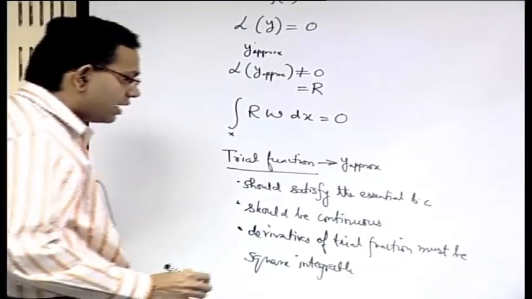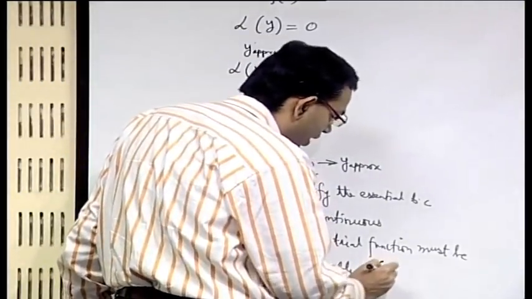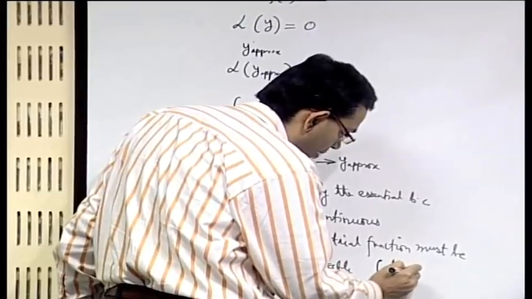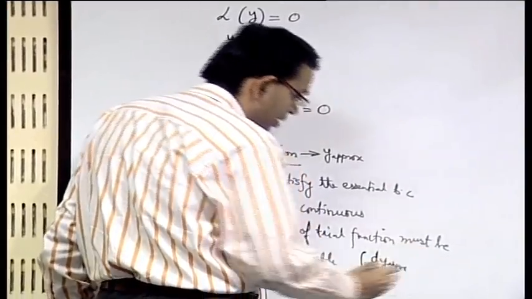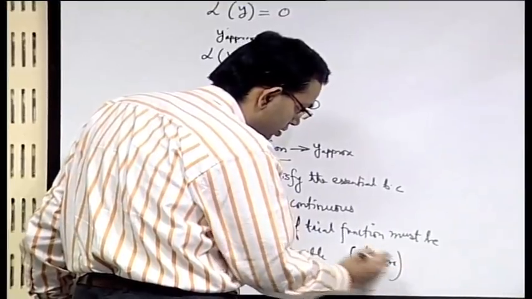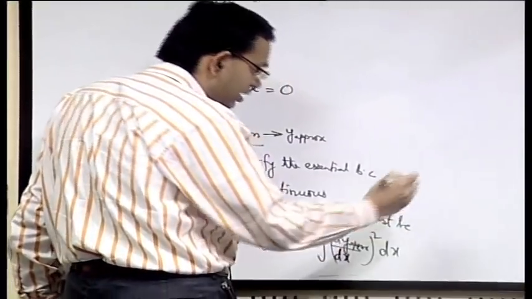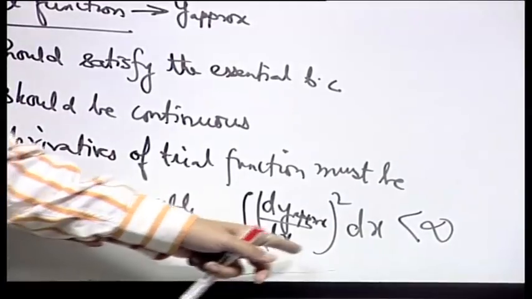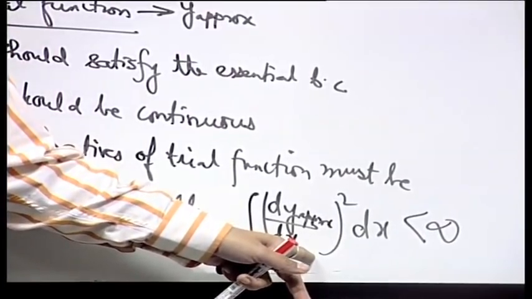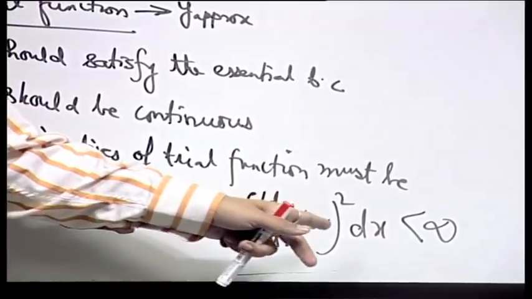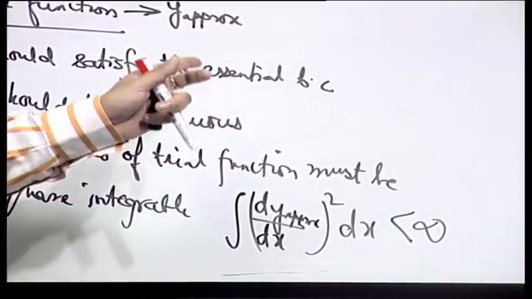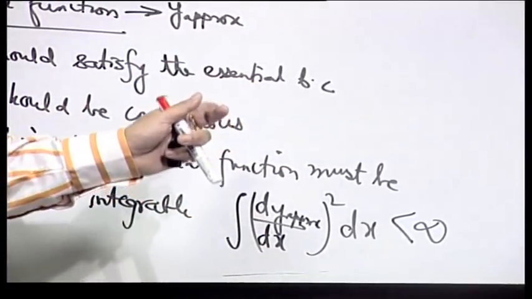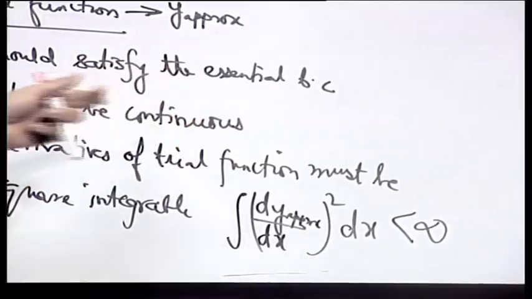Derivative square integrable means, for example, if you have dy approximate by dx, whole square, the integral of that must be less than infinity. So, it should be a bounded integral. Square integral means the integral of the square of the derivative, basically. This type of requirement is a very important and stringent requirement. It shows a boundedness of the function, so that its integral is not unbounded.